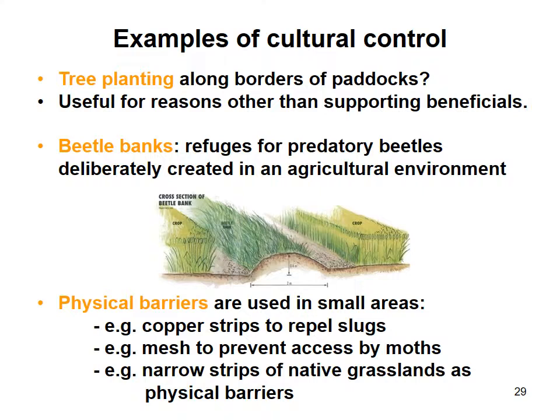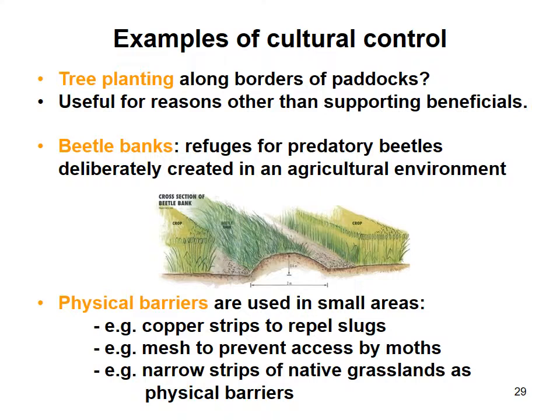Beetle banks. These work in the UK, but there are limitations in Australia. It's actually preferable in Australia to turn the entire paddock into a suitable habitat for beneficial species, including predatory beetles. So there's no need for beetle banks as the entire paddock is being used as a beetle bank.